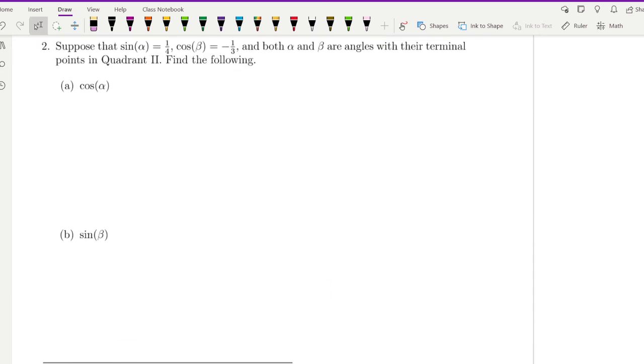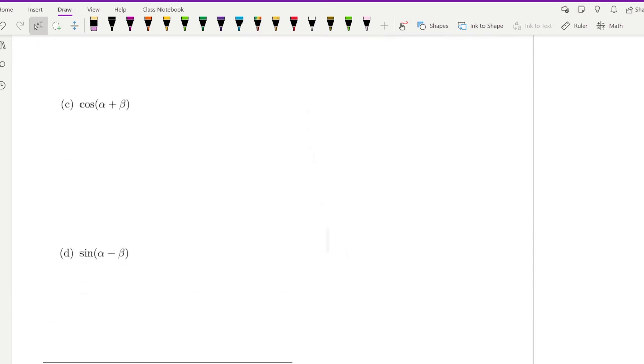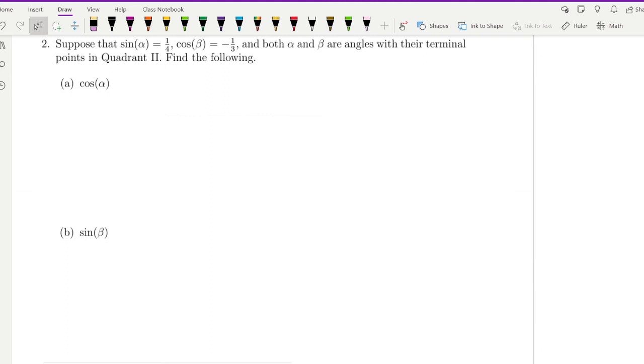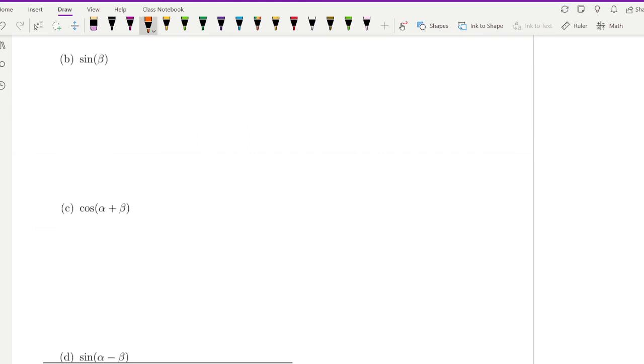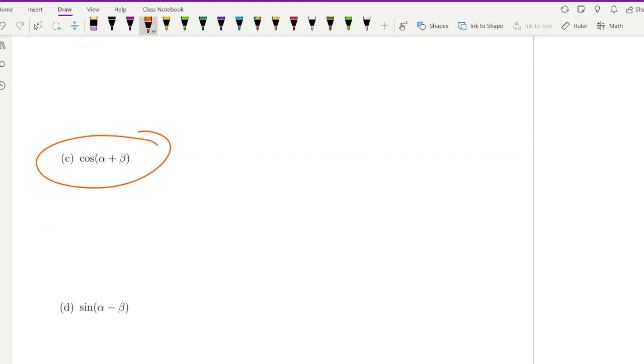Once we have those pieces, then we're going to use some angle addition and subtraction formulas. By the way, on the homework problem that's similar to this, they don't ask you to do this intermediate step, but you do have to do that in order to answer the question. The questions on the homework that are similar give you the value of sine and cosine, and then they just jump straight to asking you to do something like this.